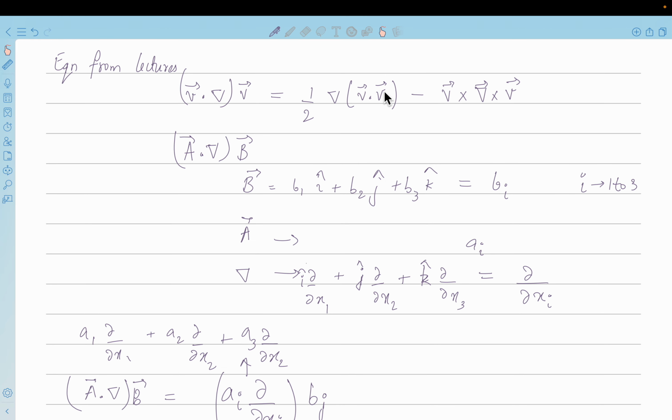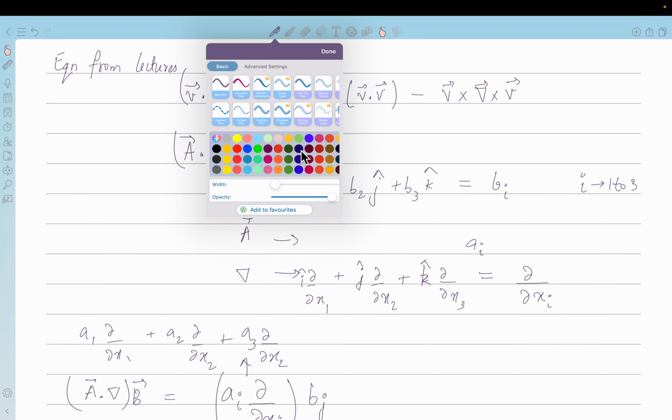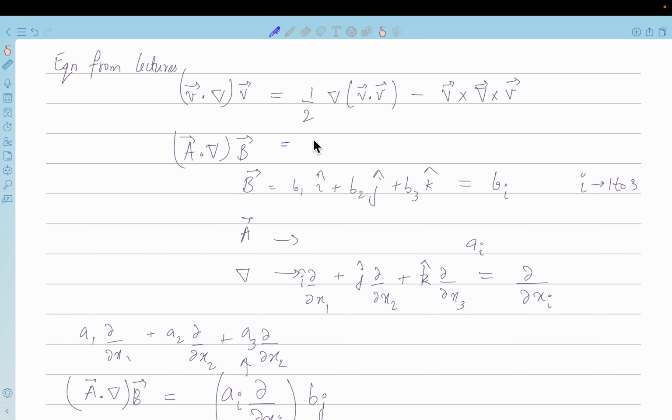Now similarly, you can take the right hand side. So what is the right hand side? According to this identity, the right hand side is actually half of del A dot B. For simplicity, let's take the same vector, because there will be many terms and this boils down to a symmetry.